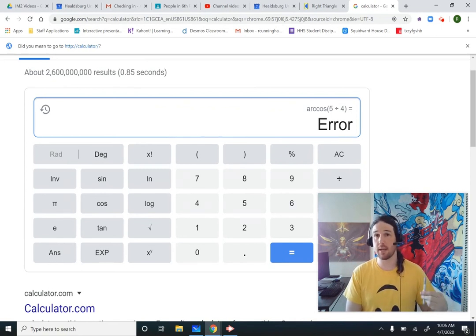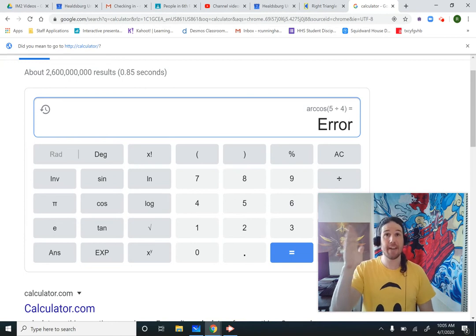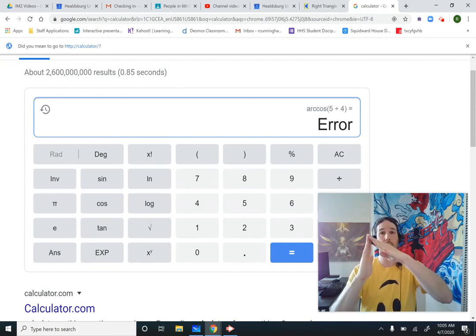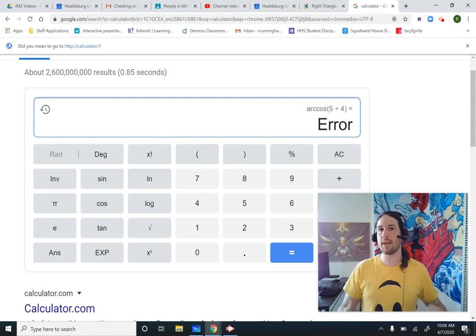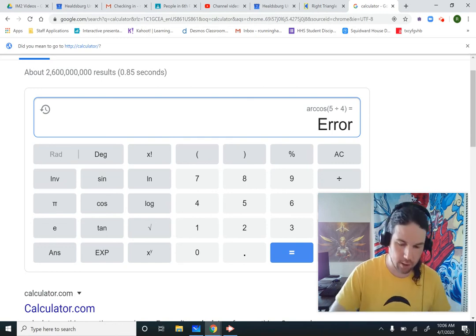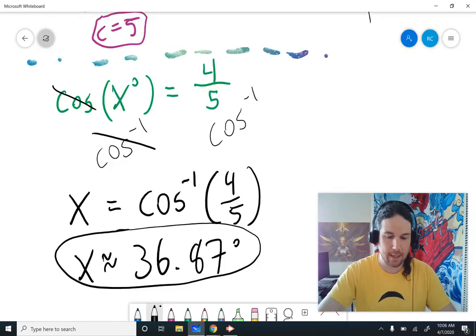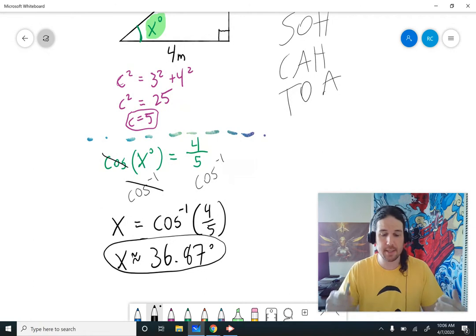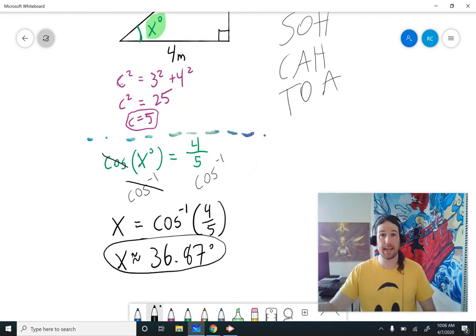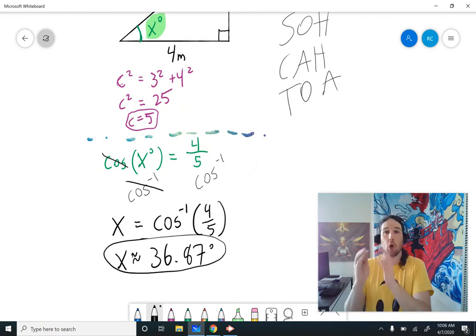Remember, cosine is the adjacent leg of a right triangle divided by the hypotenuse of that right triangle. And the hypotenuse is always the longest leg of any right triangle. Any right triangle in the world, the hypotenuse is the longest leg. So if cosine is defined as the adjacent leg divided by the hypotenuse, it must always be less than 1.